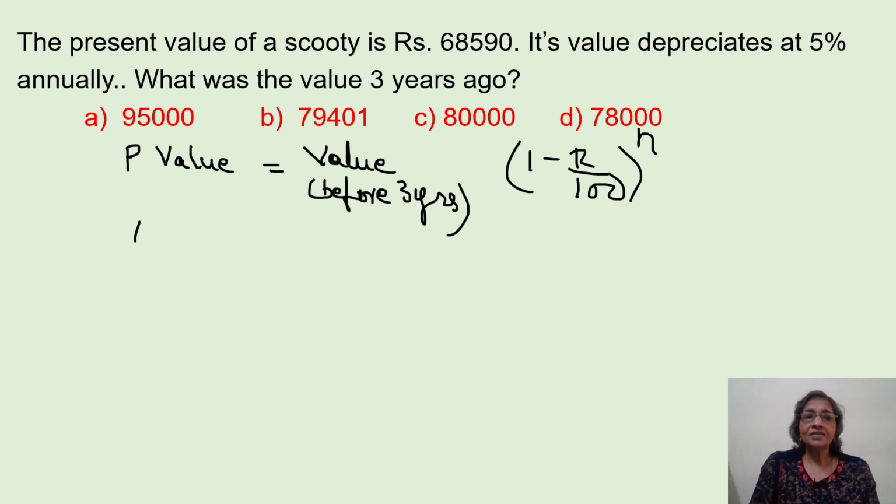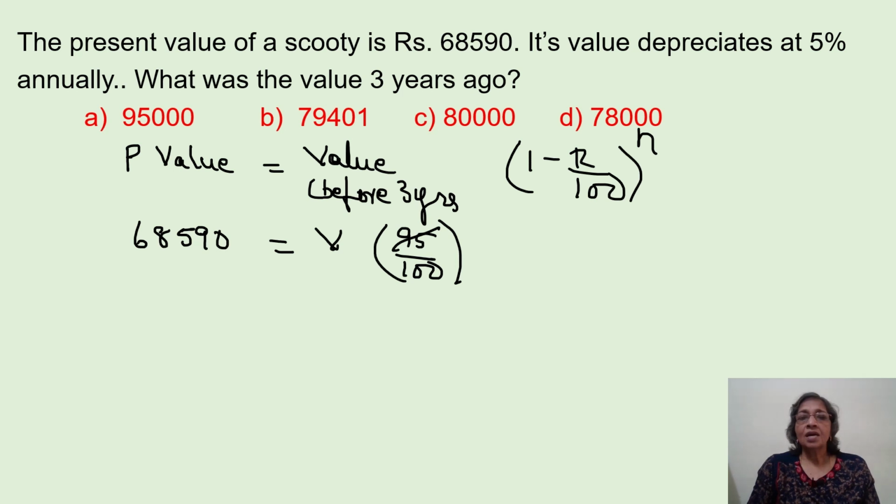Present value is 68,590 equal to the value we need to know before 3 years, and 1 minus r, so this would be 95 upon 100. Now this comes out to be nothing but 19 upon 20, and this thing is whole raised to 3 years.